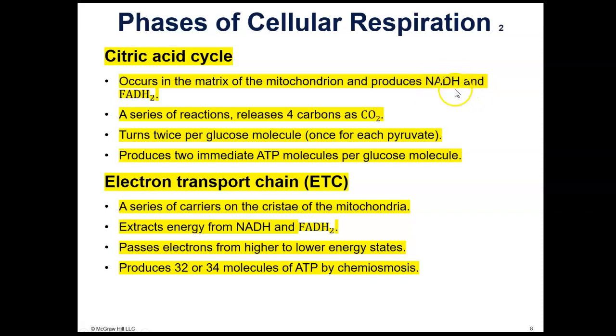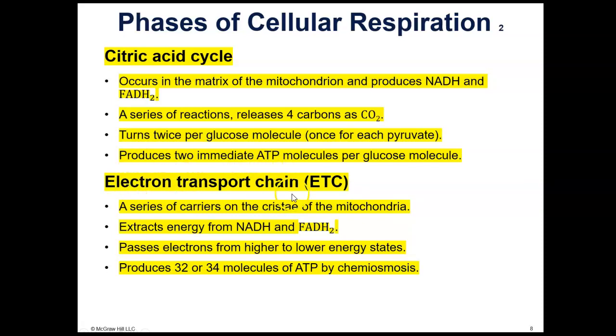So both of them have hydrogen on the end of the chemical formula, and that lets us know that they are storing electrons for us. So the main purpose of the citric acid cycle is to produce this NADH and FADH2. Another thing that is produced is 4 carbon dioxide molecules and 2 ATP molecules.